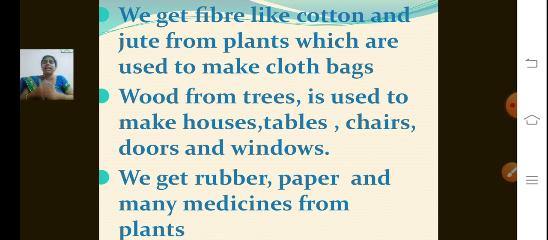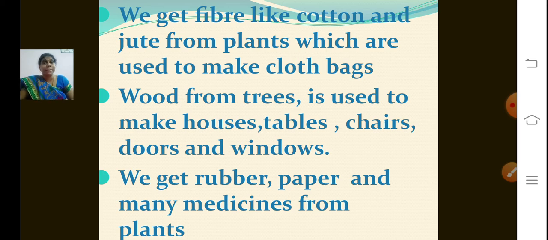That wood we are getting from the trees is used to make houses, and tables also are made from wood. Table, chair, doors and windows. Nowadays we have plastics also, but before we used only wood, right? So wood from trees is used to make houses, tables, chairs, doors and windows.